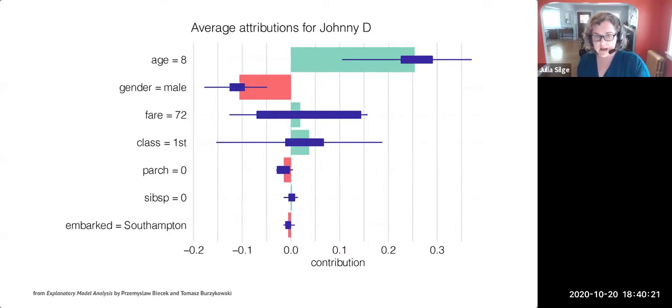So the box plots show the distributions of the values in different coalitions, and the bars show the average contributions, but just for that person, not for the model overall.